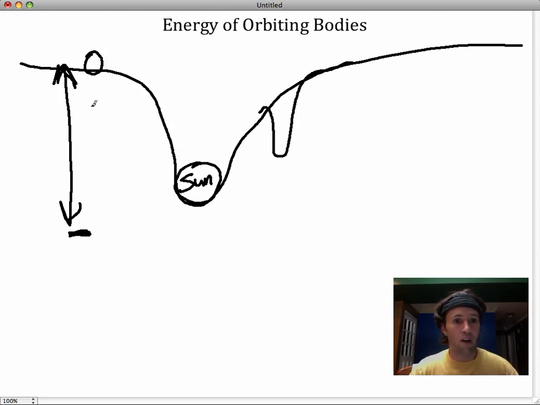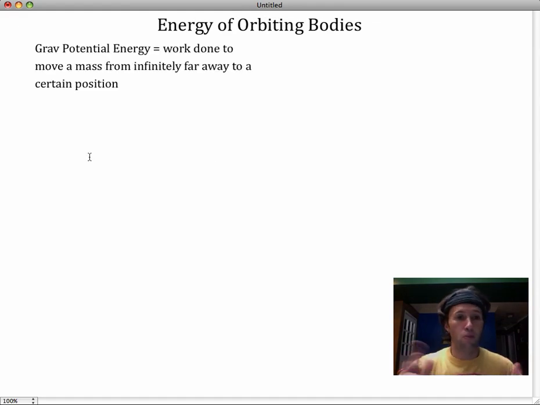We're going to have to move on to the potential energy and how you calculate it. The gravitational potential energy here is how much energy it takes.